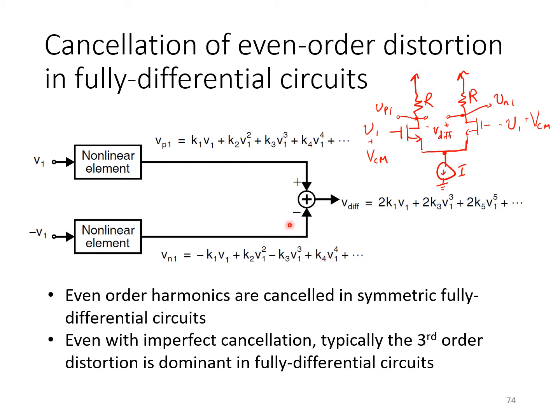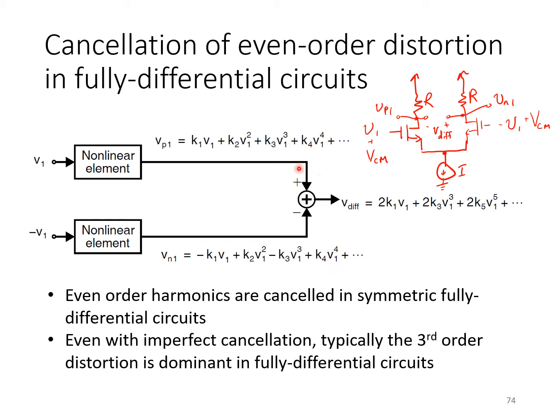So you'll notice that our nonlinearities in these two cases include all harmonics, second, third, fourth order terms showing up in both VP1 and VN1. But interestingly, all the even order harmonics have the same sign, because when you raise something to the second power or the fourth power, then negative V1 becomes plus V1 squared, plus V1 to the fourth, and so on.